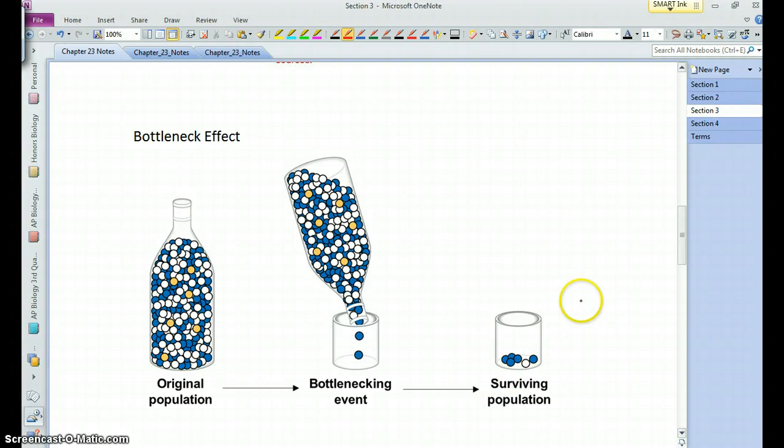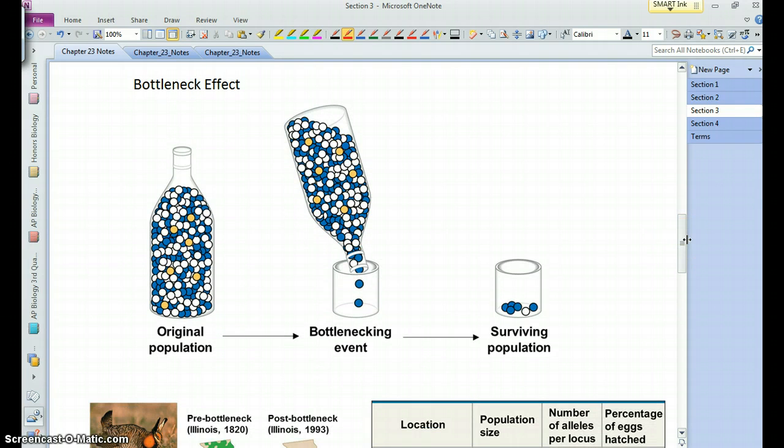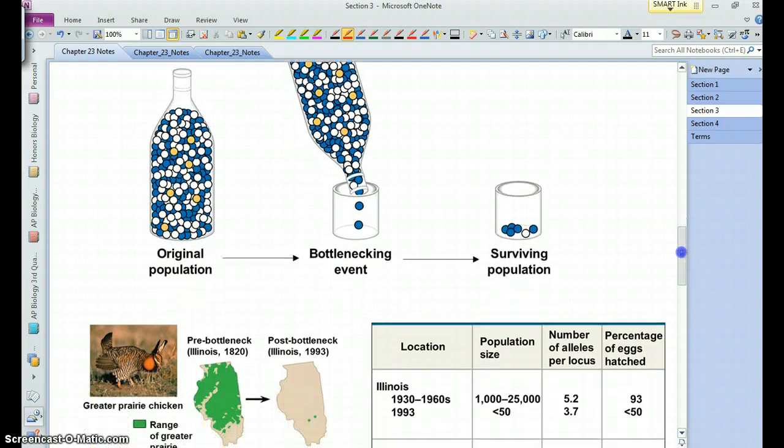A good example of this is the elephant seal, which is an animal that was hunted extensively in the 1800s, early 1900s, and went from a large population to a very small population. And because of that, it does not have a whole lot of genetic variation because those original surviving individuals were a biased sample. Now the population has rebounded since this bottleneck, but the genetic diversity hasn't quite recovered yet.